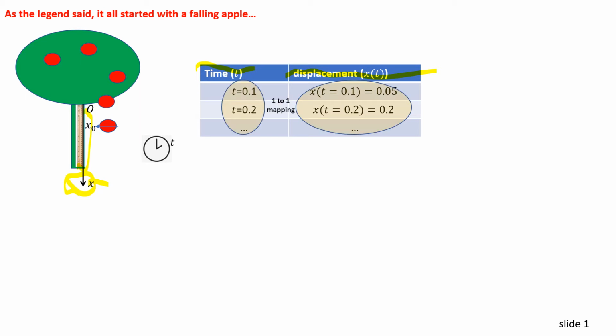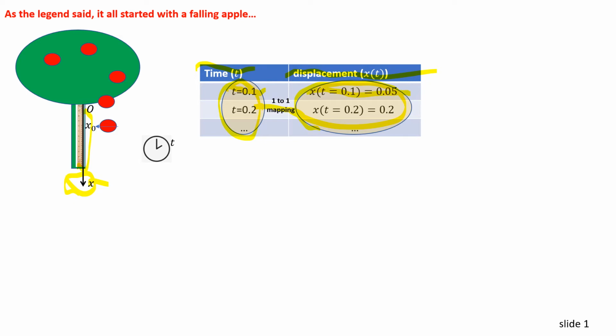The set of time points is called the definition domain, while the set of displacement data is called the range. The relationship is called mapping. Here we have a one-to-one mapping, which is, for example, when t equals 0.1 seconds, the displacement is 0.05 meters.